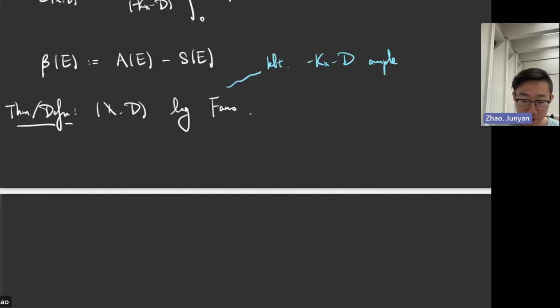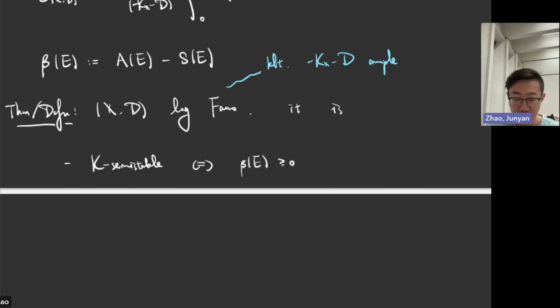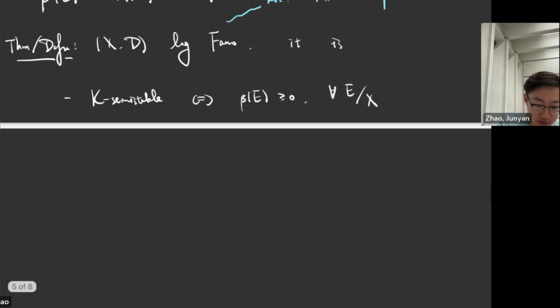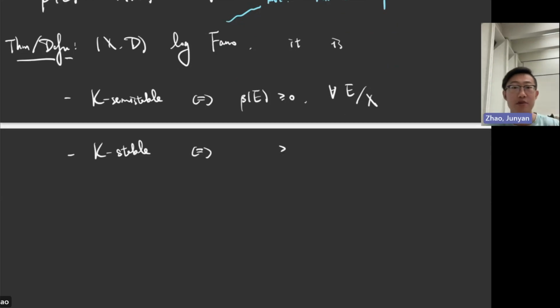So for this log Fano pair, it is K-semistable if and only if the beta invariant of E is non-negative for any prime divisor over X, and is K-stable if and only if this is a strictly positive number.